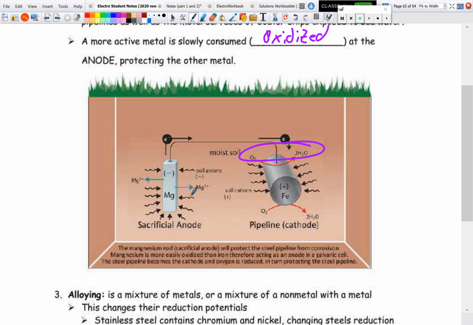And then of course the iron is saved because the magnesium undergoes its reaction of Mg solid producing 2 electrons and Mg2+, with the magnesium ions going inside of the soil. Super handy. Plants use magnesium all the time in order to grow and everything like that.